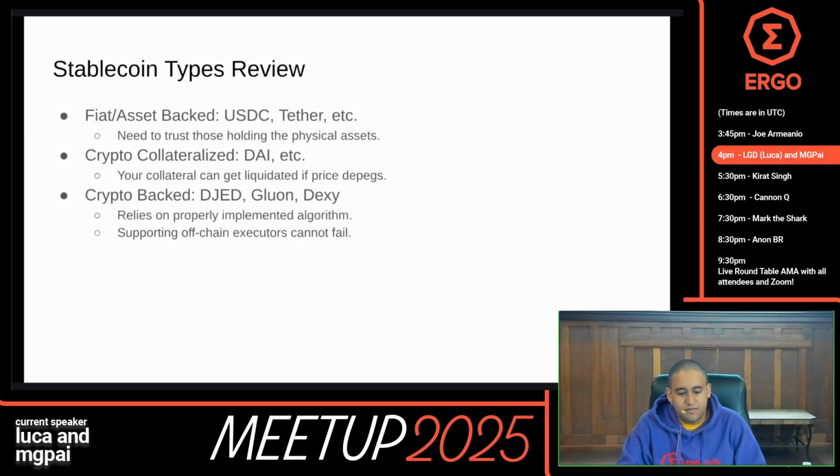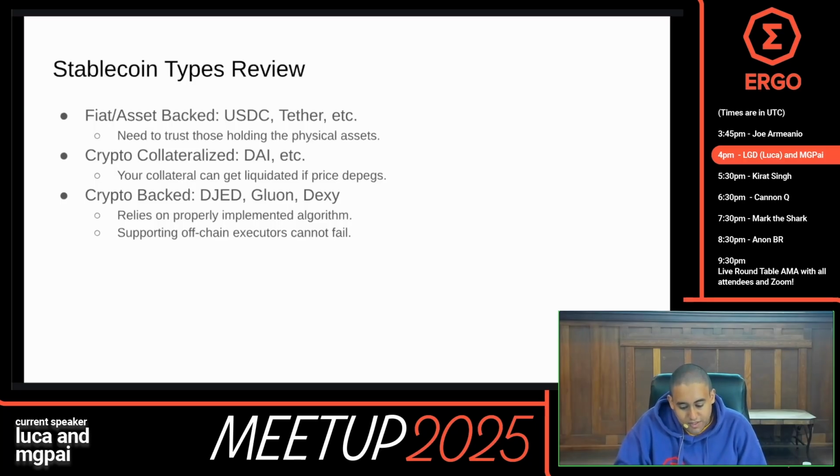So basically, there's three main types of stablecoins so far. There's asset-backed, like the big ones, USDC, Tether. You have to trust them to hold a physical reserve. Then there's crypto-collateralized, like DAI.